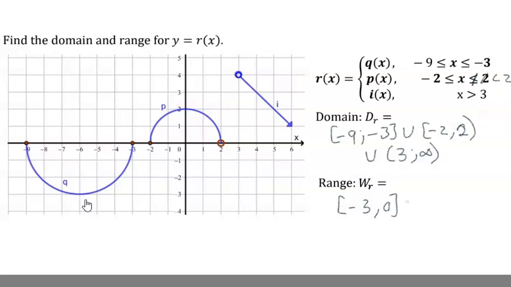And then the next part will be from 0 up to 2. And the 0, because of that 0, will include that open dot, doesn't matter, because I have 0 up to 2, and then it covers for all those values there.